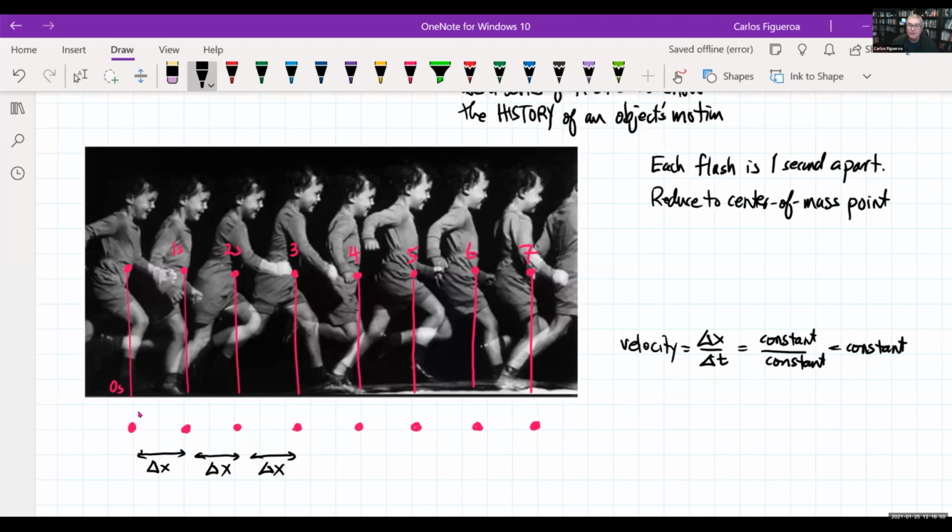So constant velocity implies that the dots, the strobe images, are equally spaced dots.